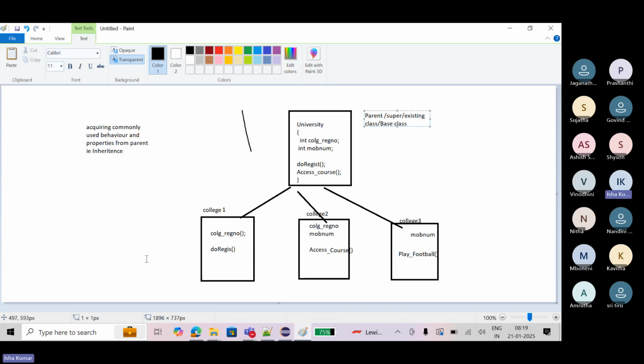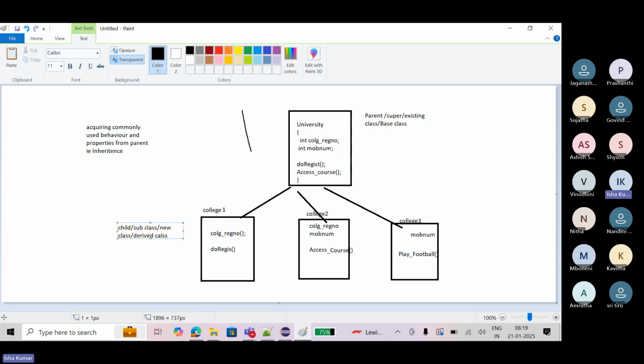And these all three are called child class. This is called subclass. This is called new class. This is also called derived class.